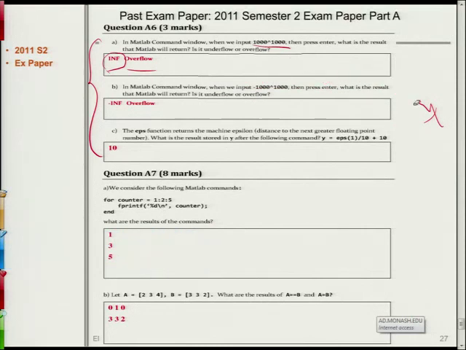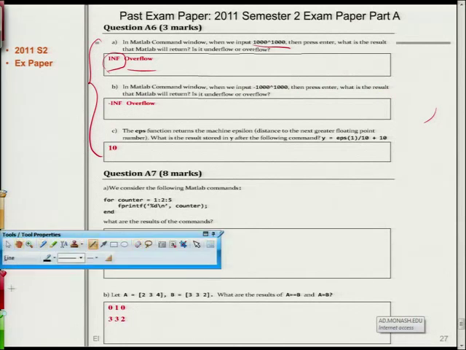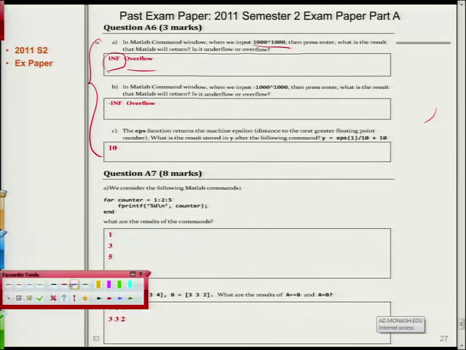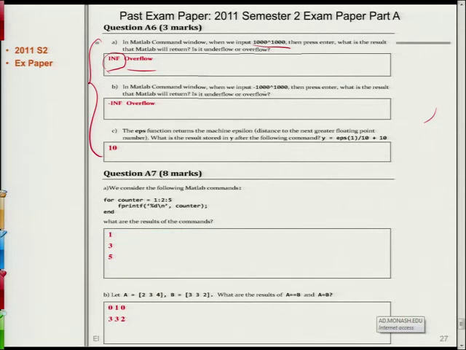Then the second question, B, is also similar. Question B is saying the input value is 1000 to the power of 1000, but with the minus sign. As I said, what we really look at is the absolute value. Even if you input a minus, you look at the absolute value.